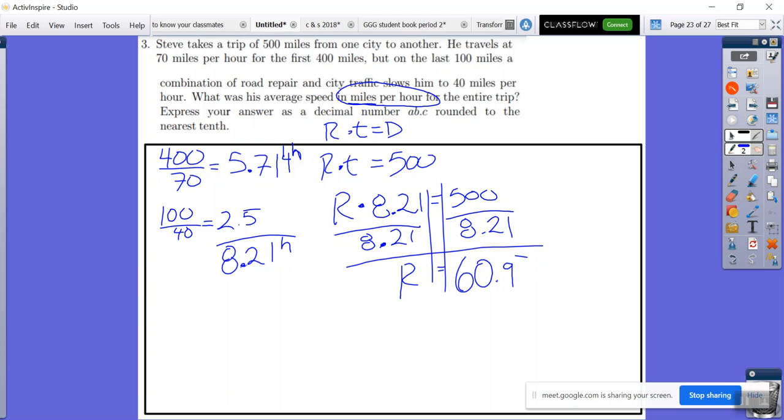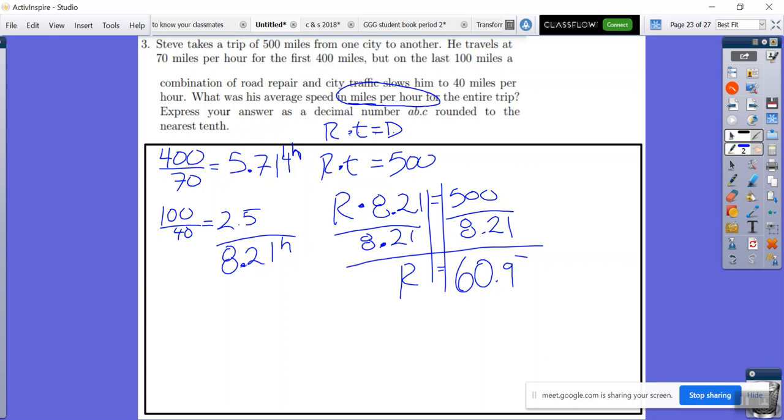So to go over this again, we know that rate times time is equal to distance. We know that the distance is 500, but we don't know the rate or the time right now. But we can find the time because we went 400 miles at 70 miles an hour, which will take 5.714 hours.